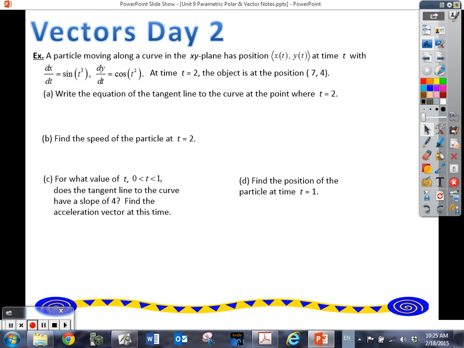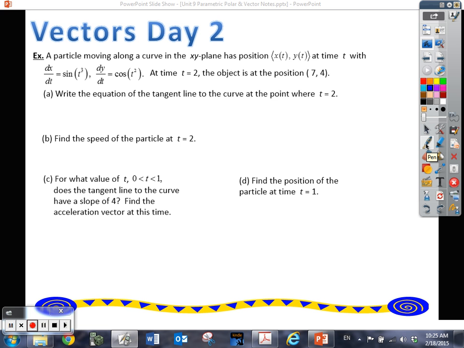All right. So to finish that, our acceleration vector at 0.616 would be 1.109 and negative 0.457.